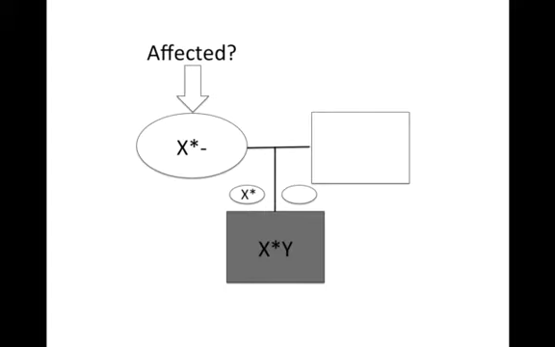But in this case, we don't know, actually. We need to know about this other genotype. So this individual could either be affected or non-affected. So what that means is that males that are affected don't necessarily have an affected mother. Their mother usually is not affected if it's a rare trait, but could be affected.